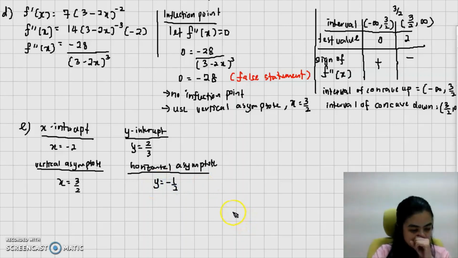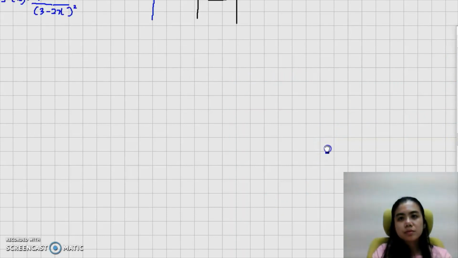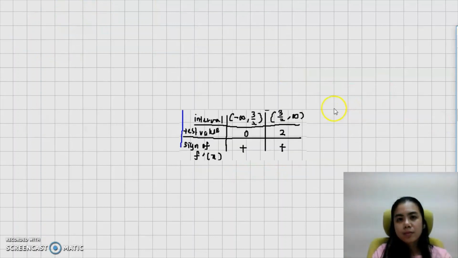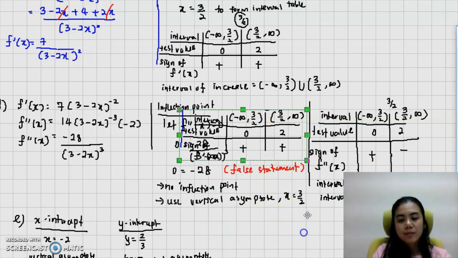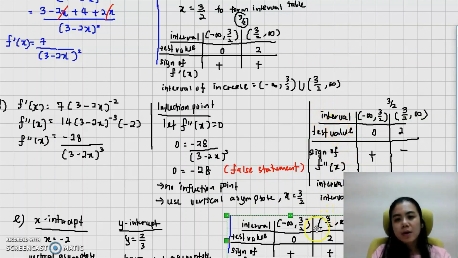We also need the information from the two tables that we did just now. That is the table of intervals of increasing or decreasing, this table, and also this table of concave up and down.